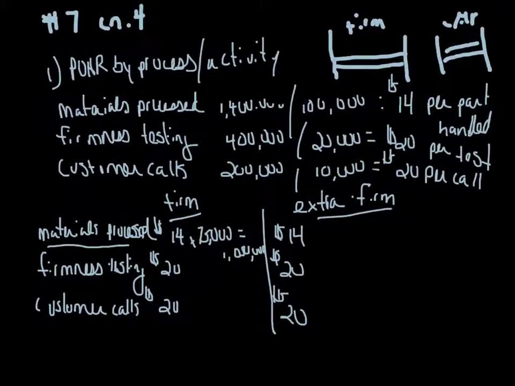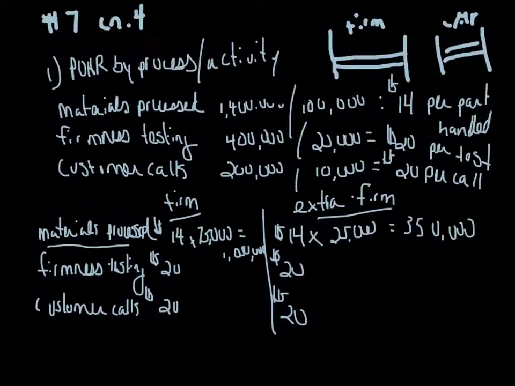Okay. For extra firm, go back to the problem, and it tells us 25,000 parts were handled for extra firm. So the 14 times 25,000 should get us to 350,000. For firmness testing, it's based on tests that were conducted.